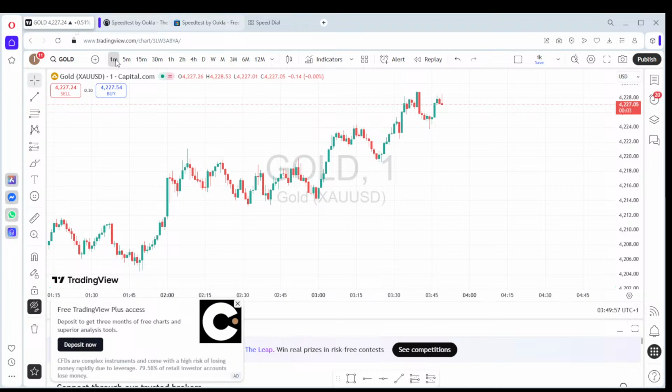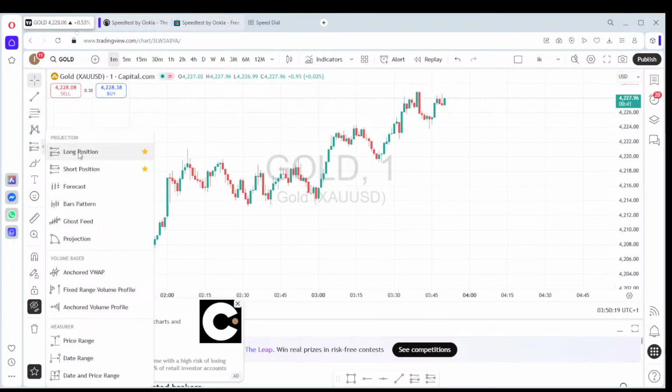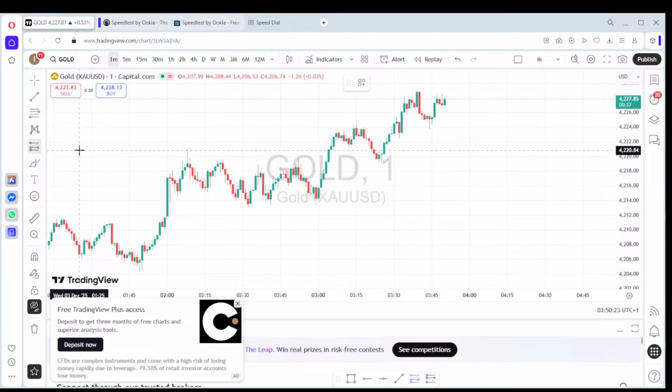Right, 1 minute. So it actually got to this point. So take a buy trade. Let's take this buy trade after the current candle closes, if it closes bullishly.